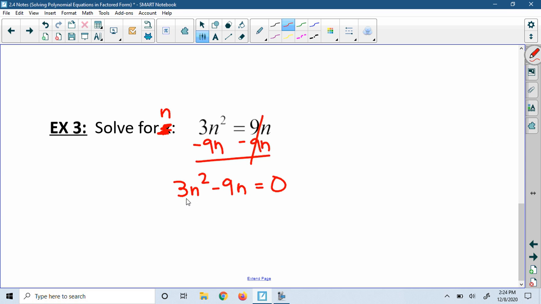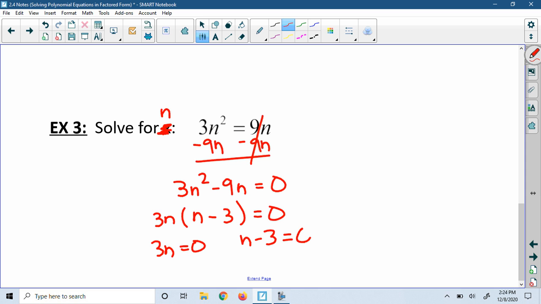Now this will work out better because we made it equal 0. Pulling out a greatest common factor, it looks like I can take out a 3 and an n. So I'll have n minus 3 left over. We set both of those equal to 0.